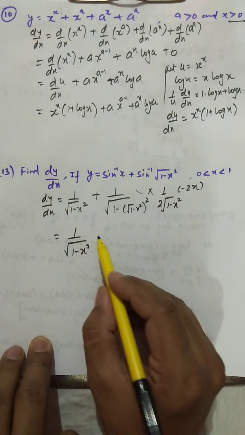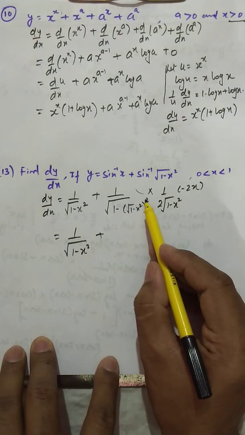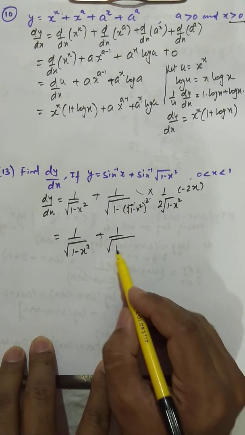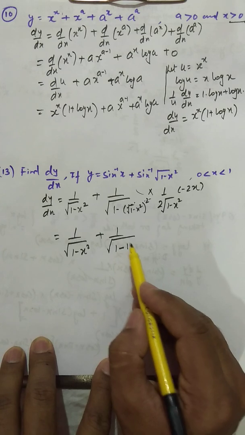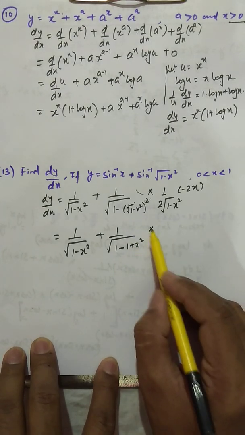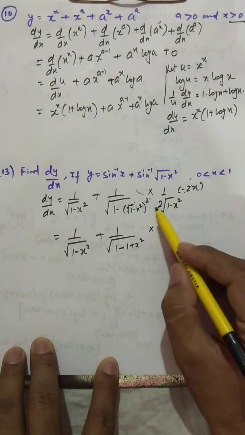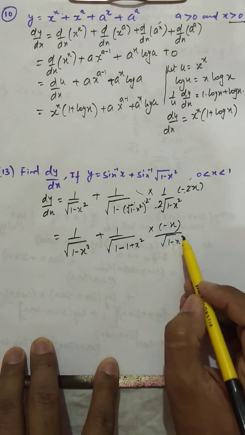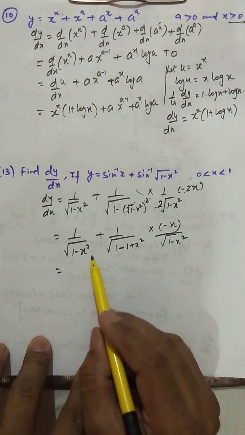This is 1 minus x square, and this square will get cancelled by this, so this will become 1 minus, and this will become plus x square, and this 2 will get cancelled, so this will become minus x upon root 1 minus x square. Now it has to be simplified further.